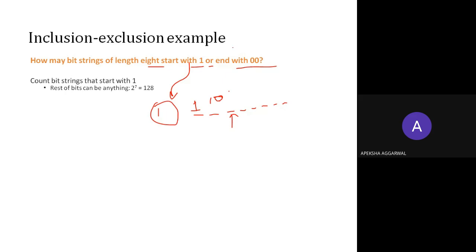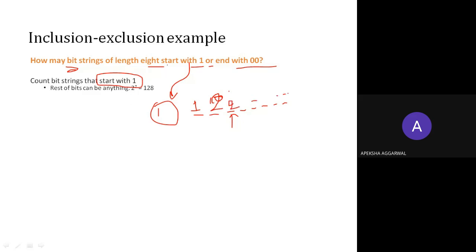No, no, no. I am asking only bit strings that are starting with 1. Okay, sorry, it is a bit, so it is 0 and 1. So that would be two possible choices. So that would be 2 to the power 7.